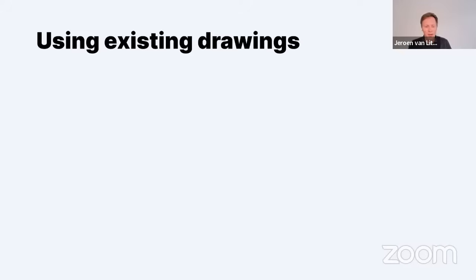So then I thought, okay, it would be really cool if we can actually use existing drawings, so drawings or plans of existing projects, and in a way learn from the past. I was thinking like academics, they never start a scientific paper from scratch. They always look at what's been done before and try to use that to build something new.